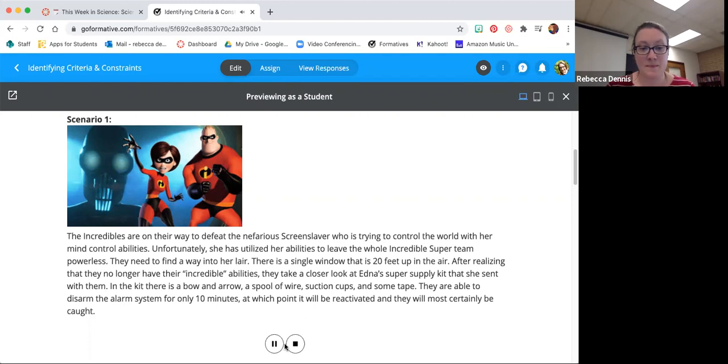After realizing that they no longer have their incredible abilities, they take a closer look at Edna's super supply kit that she has sent with them. In the kit, there is a bow and arrow, a spool of wire, suction cups, and some tape. They are able to disarm the alarm system for only 10 minutes, at which point it will be reactivated and they will most certainly be caught.